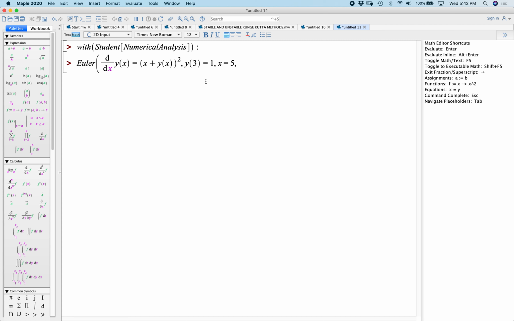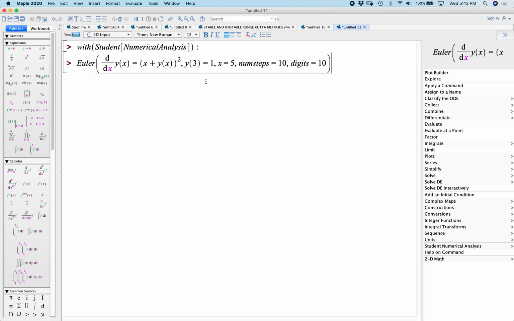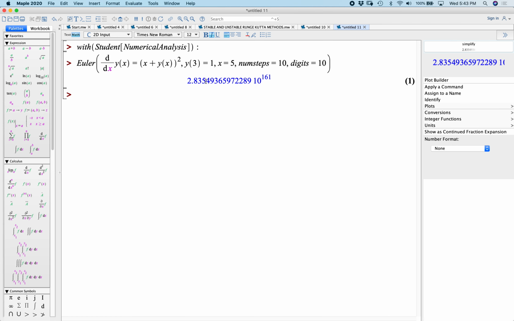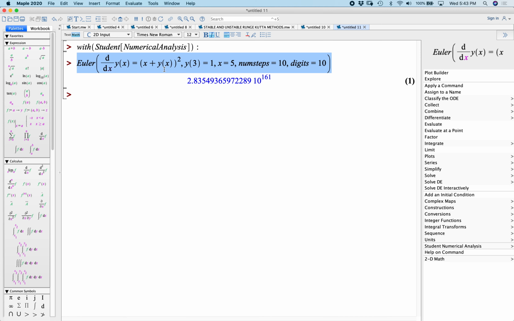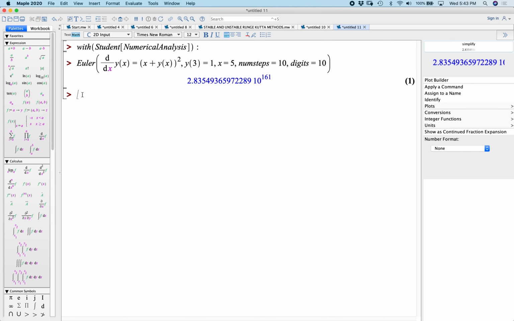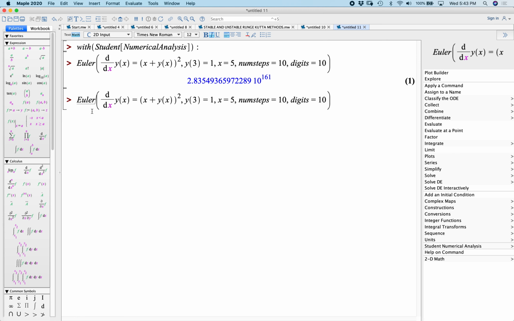For the Euler, we'll break this up into 10 steps and carry this out to 10 digits. Notice we have a very large number in this case, so we're going to be way off the mark.